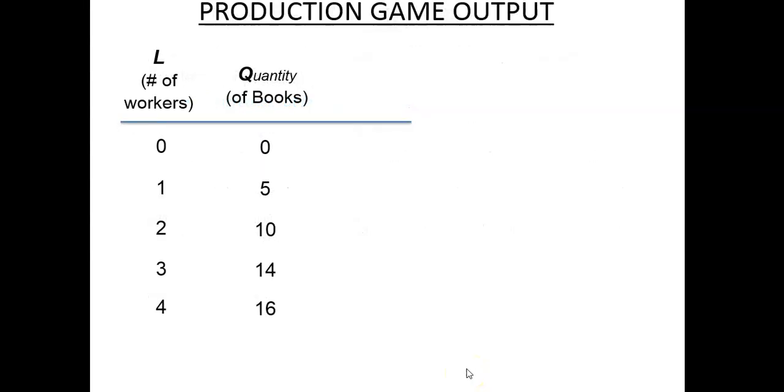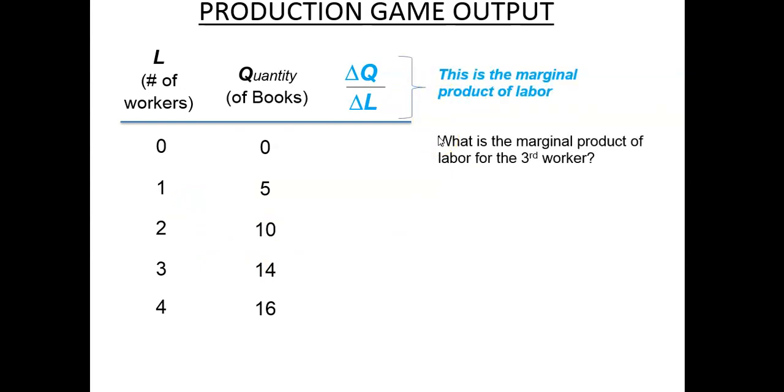Okay, so let's add that to our production function table. There's the change in quantity of books divided by the change in quantity of labor. Now, please note this is an incremental thing, so it's step by step. It's how much more each extra worker helps us produce. So that's the marginal product of labor that we just defined.